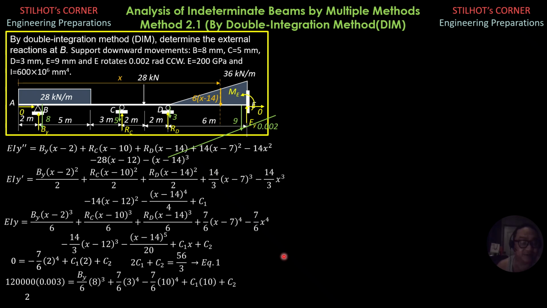Formulating the second equation, we have 256 over 3 By plus 10 C sub 1 plus C sub 2 equals 71,593 over 6. Call that equation 2.